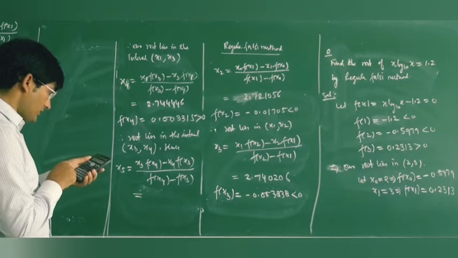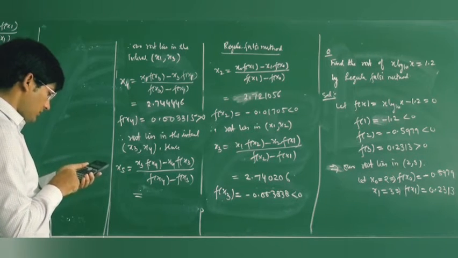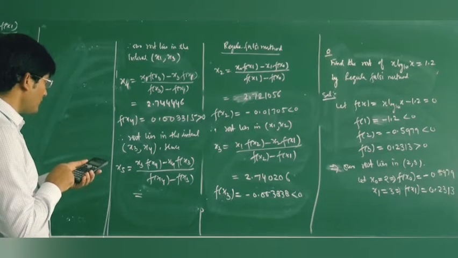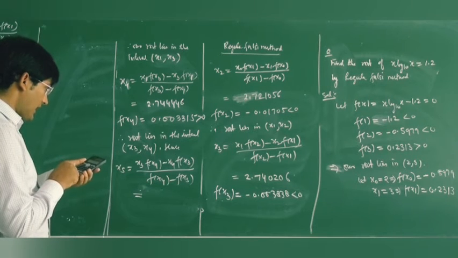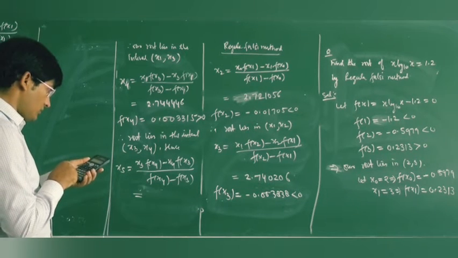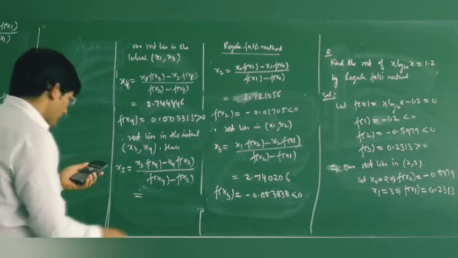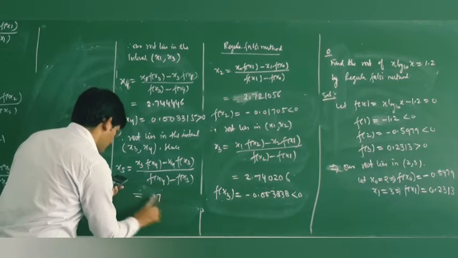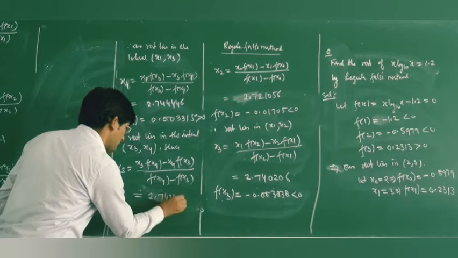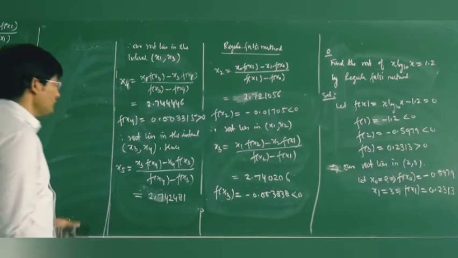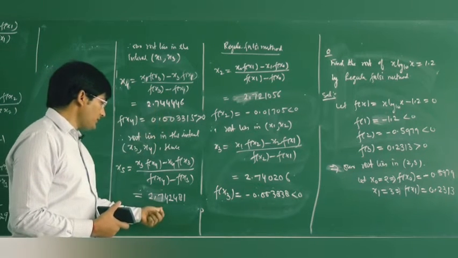Your f of x3 is minus 0.003838, and this is divided by f of x4 minus f of x3. So you can see that this is your 2.74248. Now again our root is correct up to decimal 2 places.